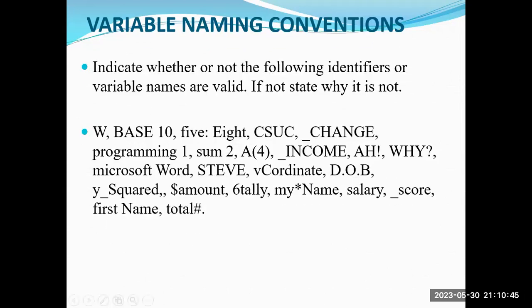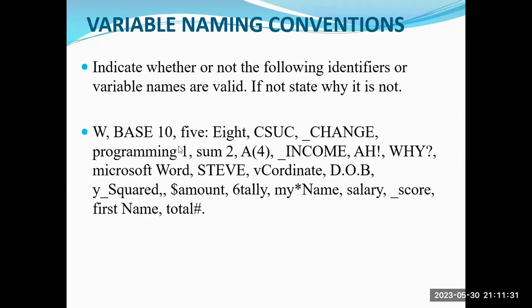The next one, I'm going to mention it so that everybody can answer. Mr. Elijah, please tell us, is base 10 valid or invalid? Okay, let's go to the next one.